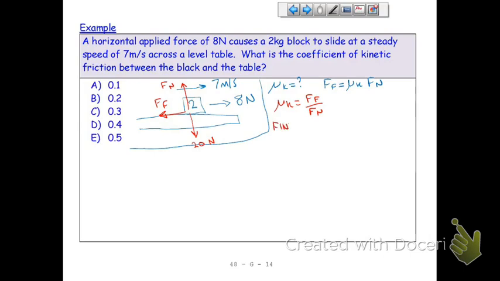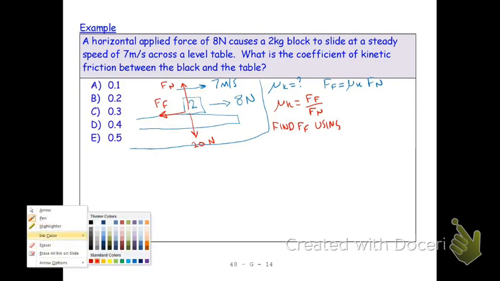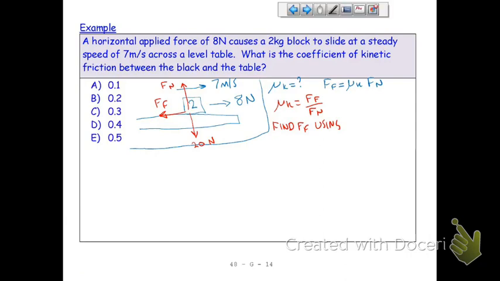Find Ff using the sum of the forces on the green line is equal to, steady speed, oh, 0. It's not accelerating. It's moving, but it's not accelerating.